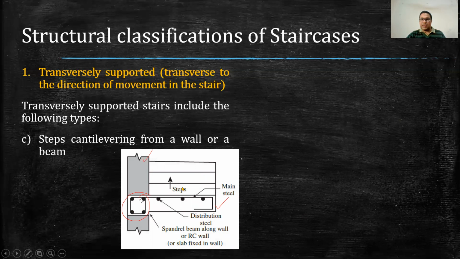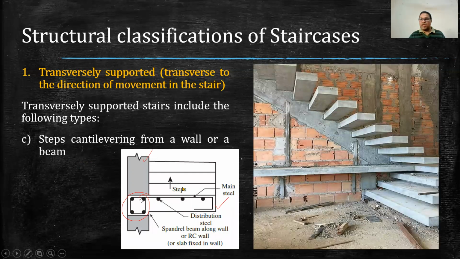And I have provided a photo to give a better idea. So in this case, you can see these are isolated steps which are directly connected to the beam. So they are supported from one end and from the other end, they are cantilevered. So these three categories come under this form, which is the transversely supported staircase.